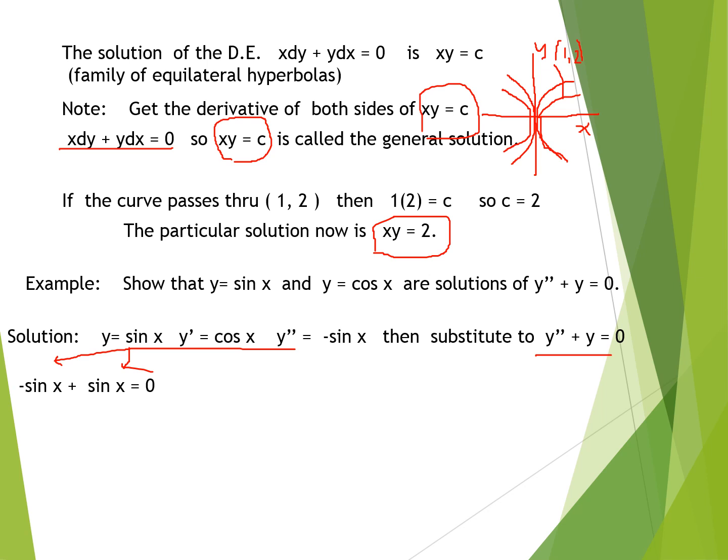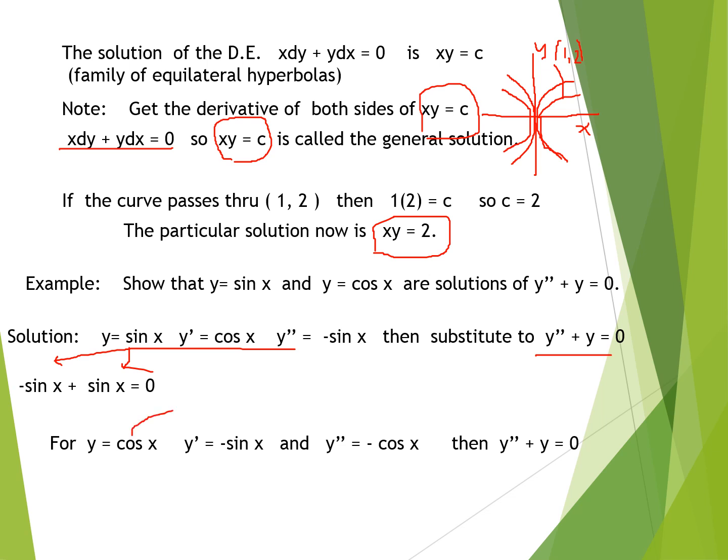Therefore, by the definition of a solution of the DE, y is sine x is a solution. What about y is cosine x? For y is cosine x, the first derivative is negative sine x and the second derivative is negative cosine x.